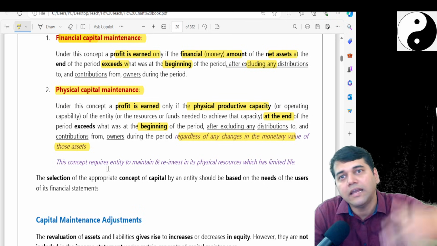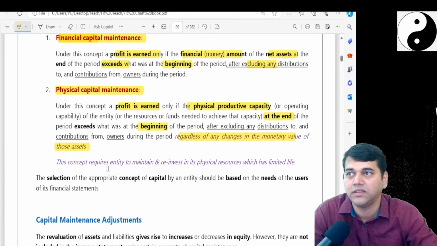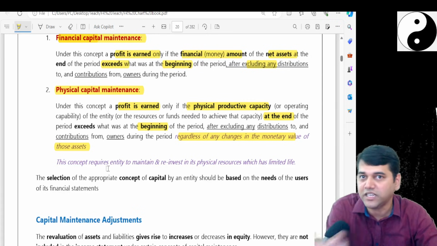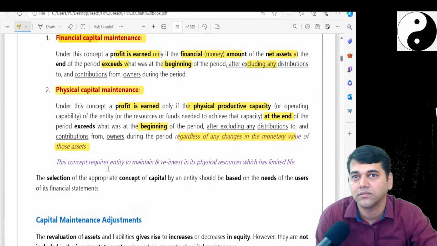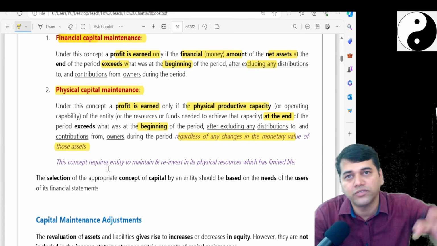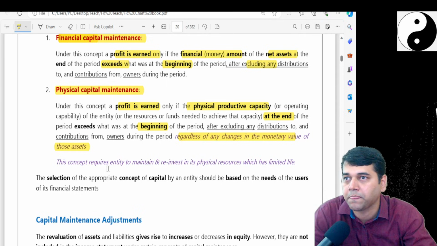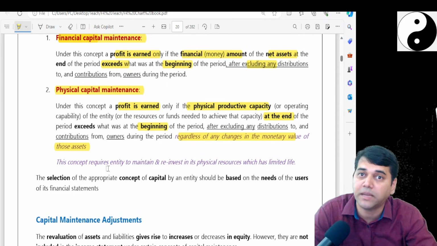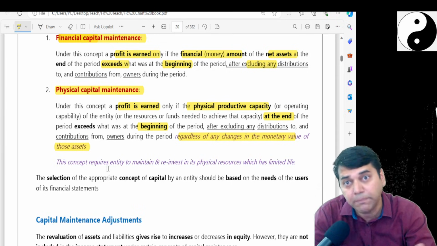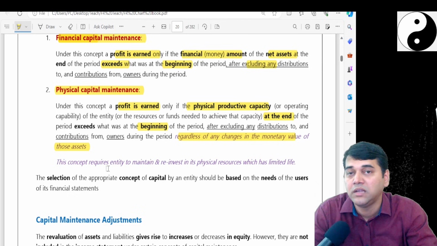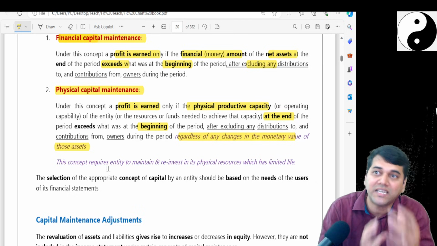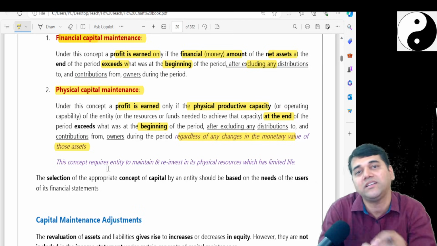If the land value is going to increase, will your capacity to earn rent from that increase? Due to something, your land value has increased tremendously. Does it increase your rent earning capacity also? No. You got a capital appreciation because of that house, but your ability to generate cash flow in the form of rent is the same.